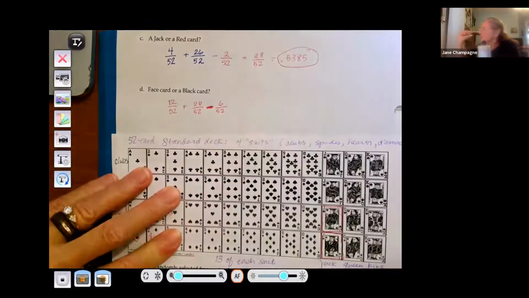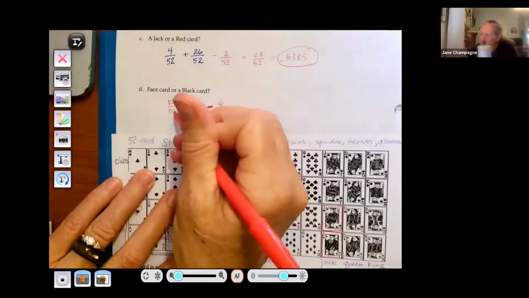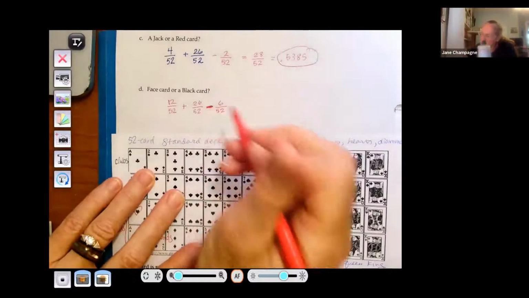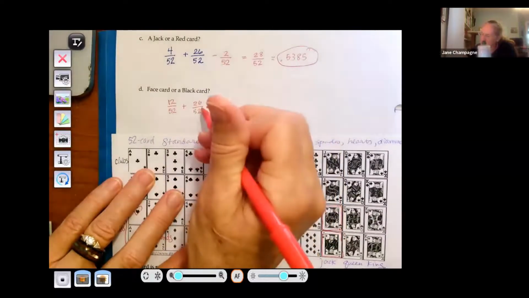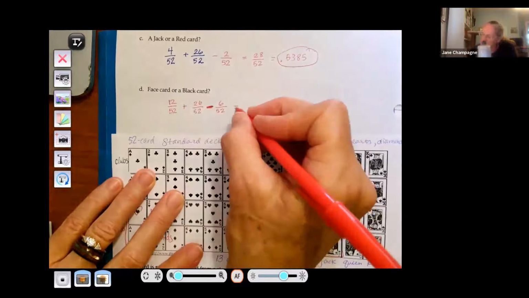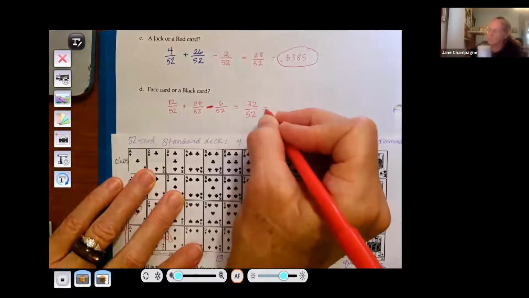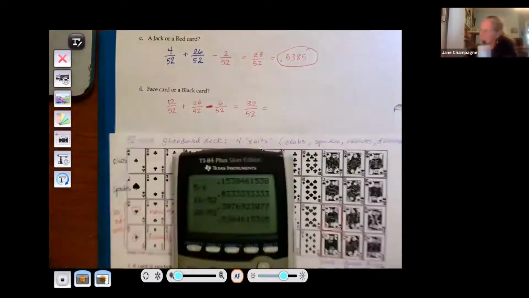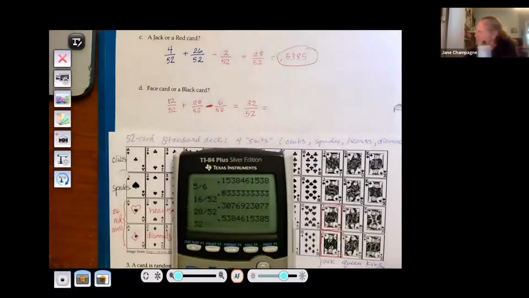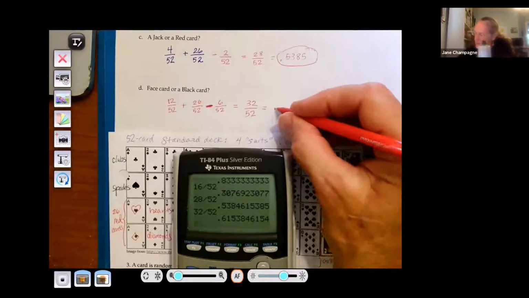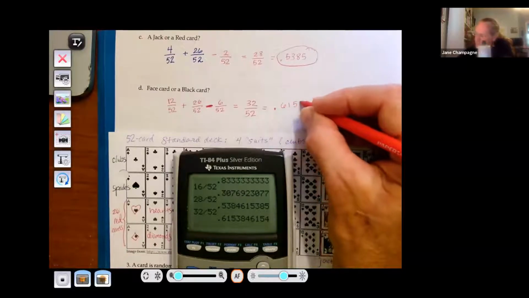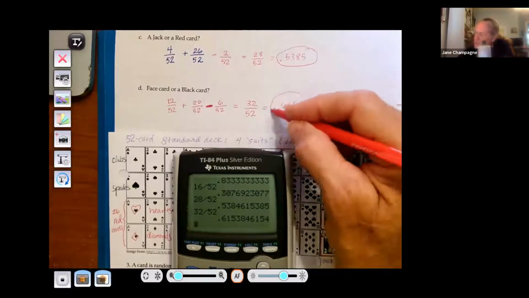Okay. So 12 face cards, 26 black cards, 6 that are both. 12 plus 26 is 38, minus 6 is 32. 32 out of 52, about 0.6154. You can use your calculator from the get-go if you want.